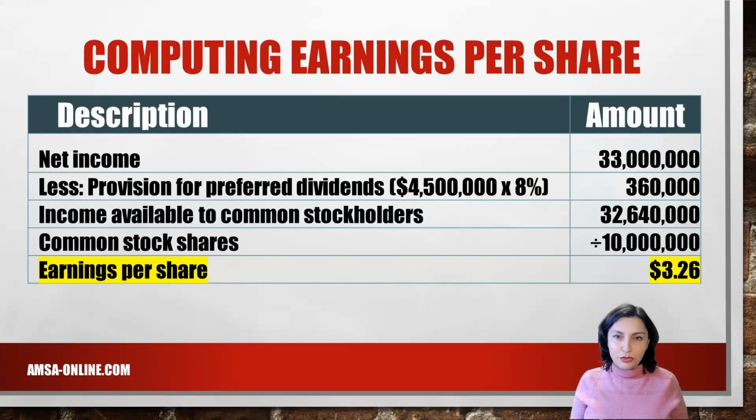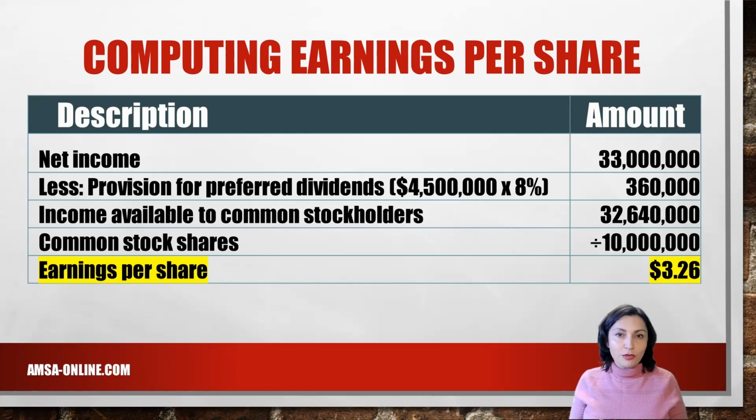We have the following results. Net income is $33 million. Less provision for preferred dividends, $360,000, which is $4.5 million multiplied by 8%. The income available to common stockholders is $32,640,000.